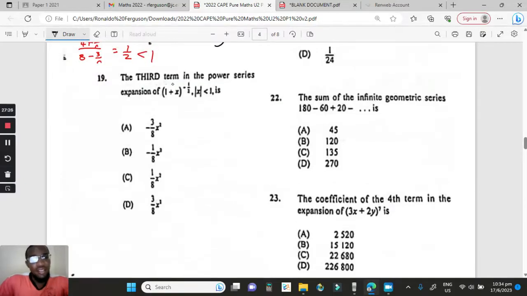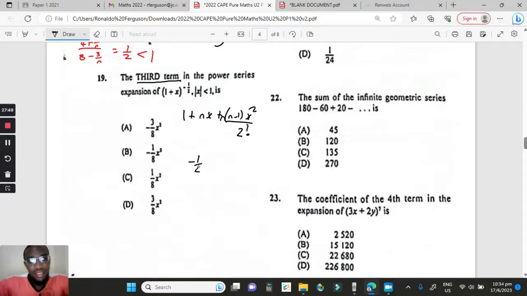This one right here, (1 + x)^(-1/2), and they want the third term. Remember the formula for this is 1 + nx + n(n - 1)x² over 2 factorial. This is the third term. So in this case, n is -1/2.